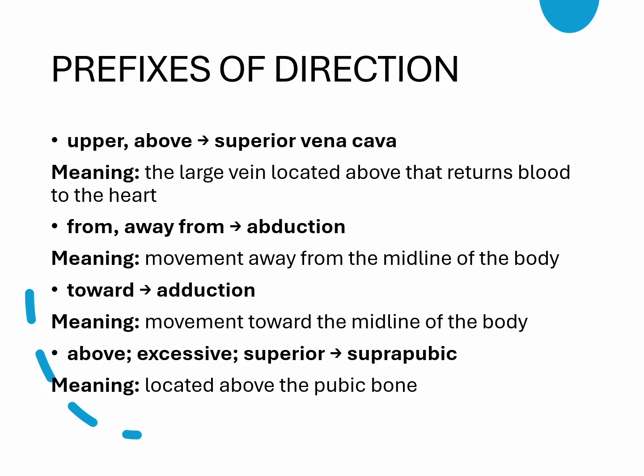Here's some examples. So the superior vena cava is the large vein located above that returns blood to the heart. Abduction is movement away from the midline of the body. Adduction is movement toward the midline of the body. And suprapubic is located above the pubic bone.